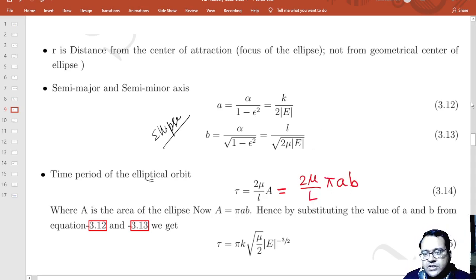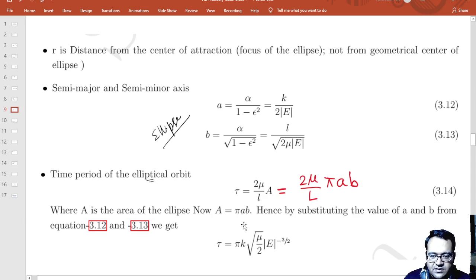Ignore all these equation numbers because this is directly from my notes. The updated notes may have a different equation structure. Now if we substitute the value of AB from these results, we get the time period as pi k square root of mu by 2 energy modulus to the power minus 3 by 2.